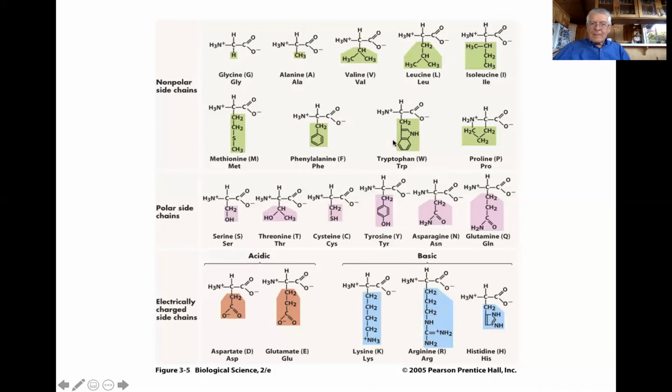One is how well do they bind water? Are they soluble or are they insoluble, basically? If they don't bind water, like these up here, all the ones in green, what they'll end up binding is really each other. They'll be excluded from the water.